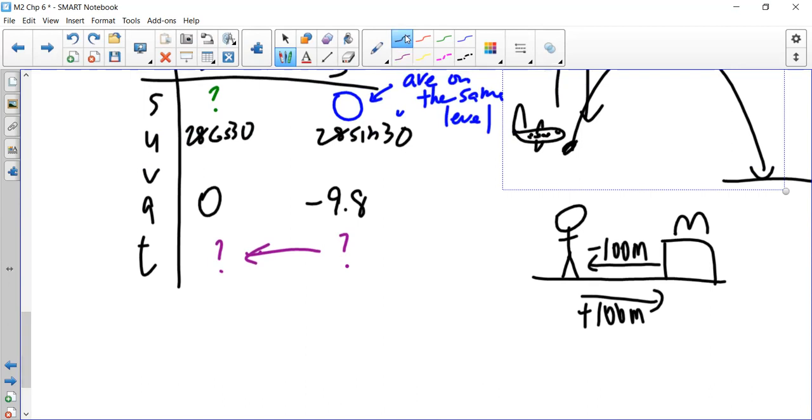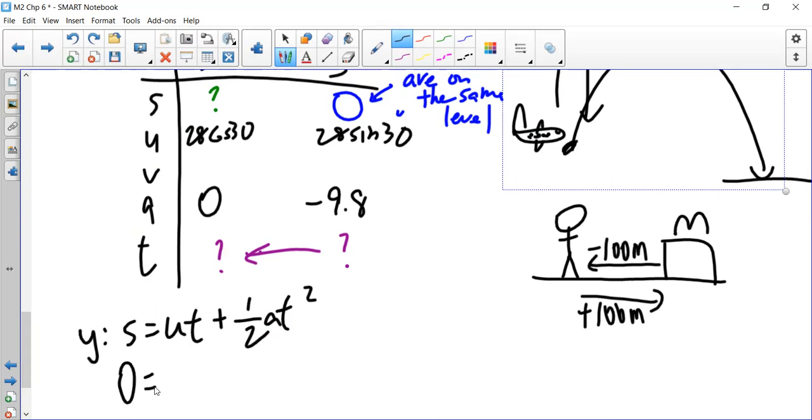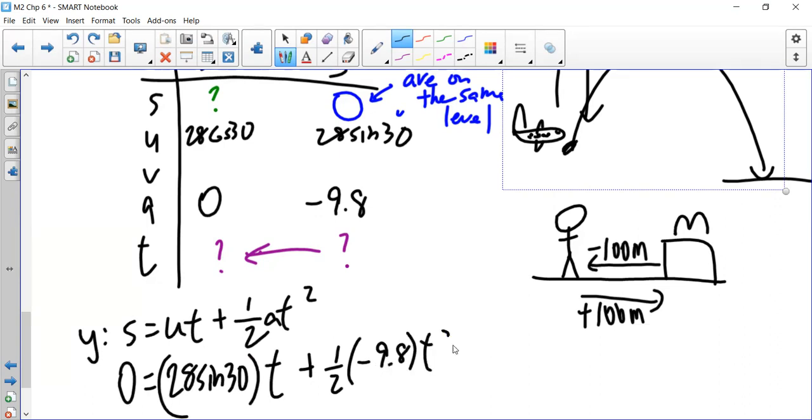On the Y column, we'll do S equals UT plus a half AT squared. S is 0. U is 28 sin 30. T is unknown. Plus a half times minus 9.8 T squared. So we can put this in a calculator.